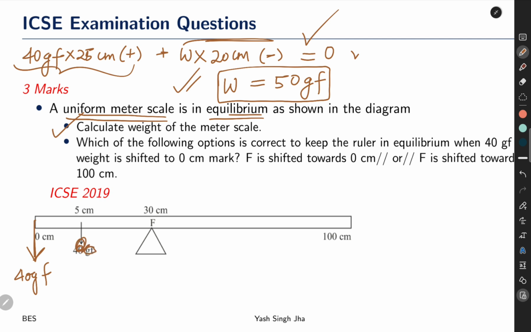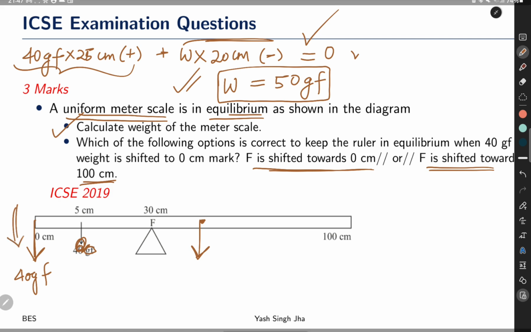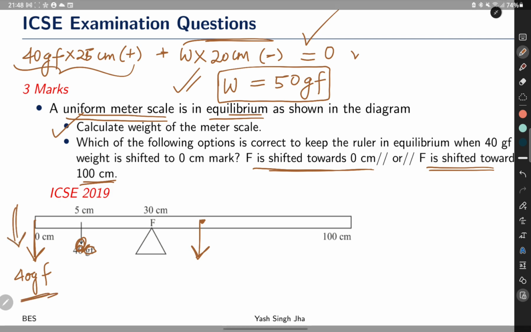It is no longer here. What happens? F is shifted towards 0 centimeter, or F is shifted towards 100 centimeter. When will the ruler be in equilibrium? Yeah. So the weight is what counteracts the anti-clockwise moment produced by the 40 GF force.